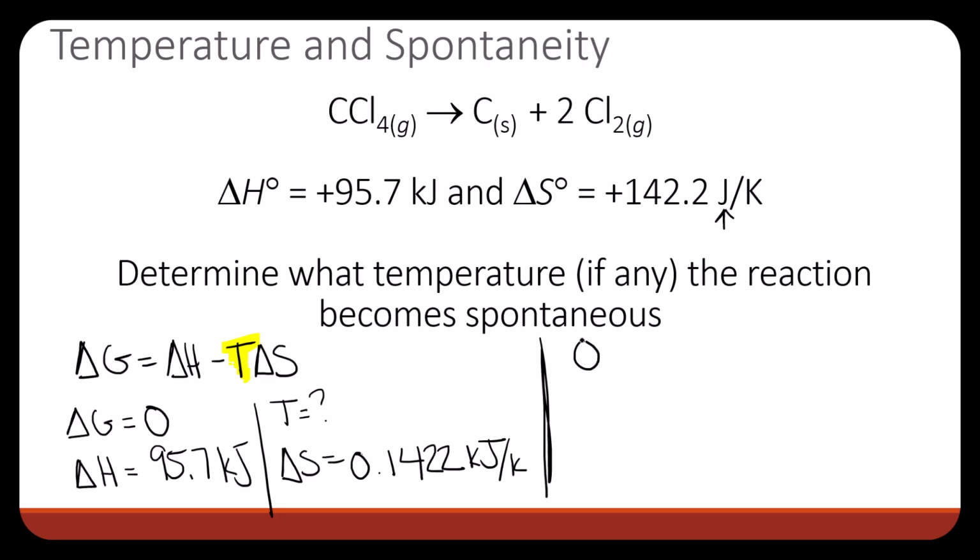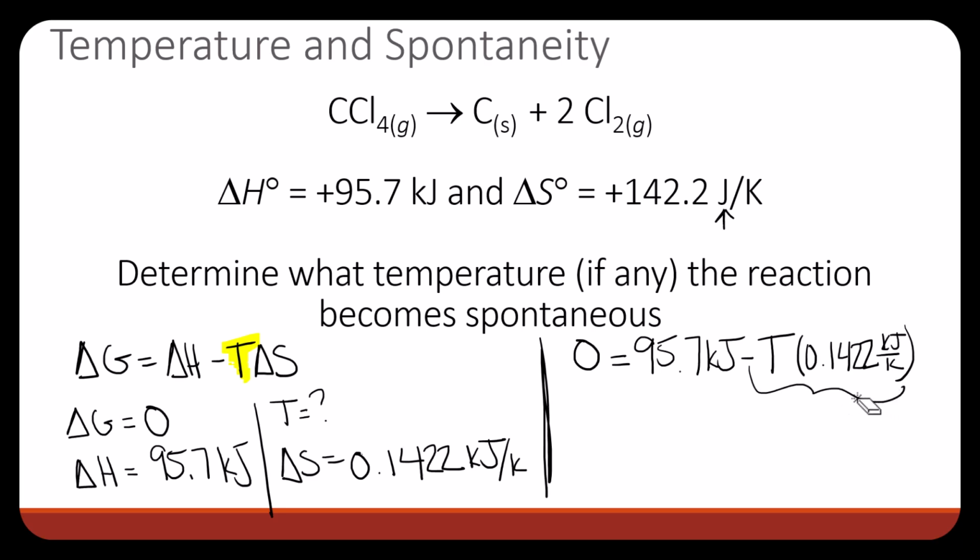So we've got delta G is 0 equals 95.7 kilojoules minus temperature times 0.1422 kilojoules over Kelvin. To solve this, I'm going to move this whole variable to the other side. To do that, I'm going to add, so that's the inverse.